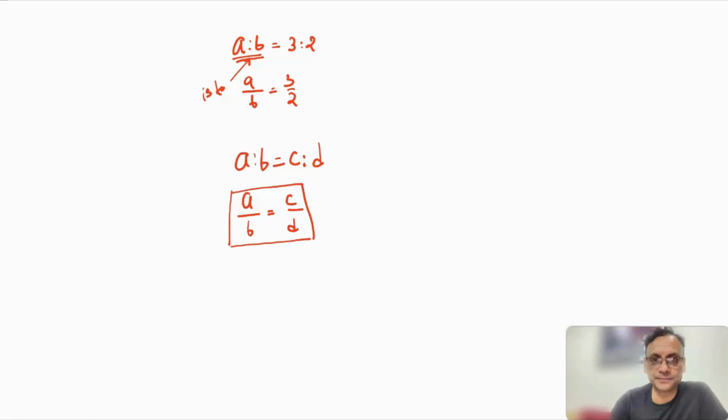This is one format of writing this. Another format is, I can also write this as A is to B is as C is to D. Notice carefully, I have used two colons in between. The single colon is read as "is to", and the two colons in between are read as "is as".